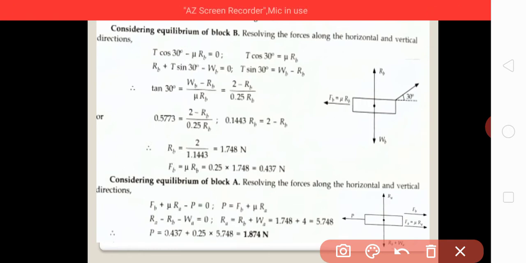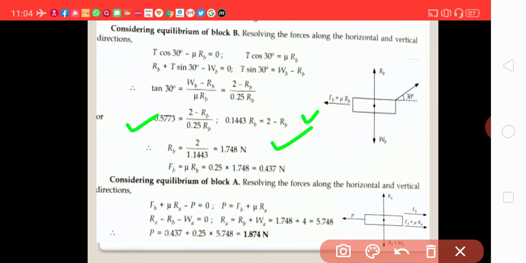RB plus T sin 30 minus WB gives T sin 30 equal to WB minus RB. Just put the value of RB in this. Then tan 30 will be WB minus RB upon mu RB. Put the value of tan 30 and RB, and on calculation RB comes out to be 1.748 Newton, and FB equal to mu RB comes out to be 0.437 Newton.